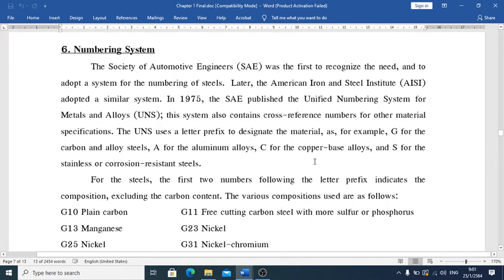Okay, let's go for section number six, numbering systems. It's going to be very useful, because all over the world we need to figure out what the number of the steel looks like.